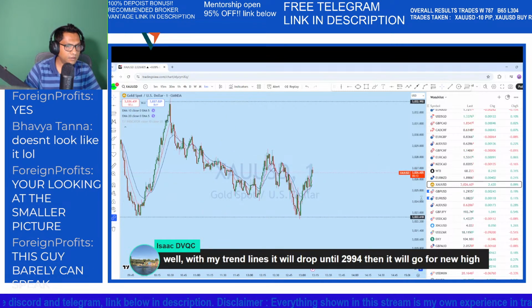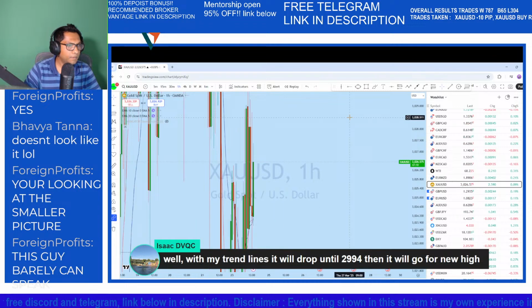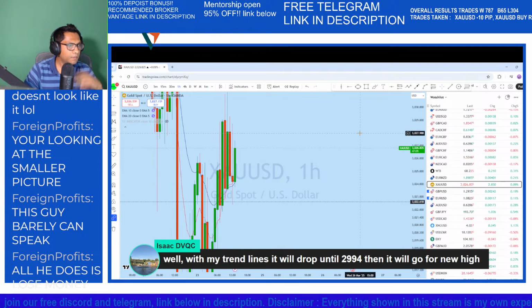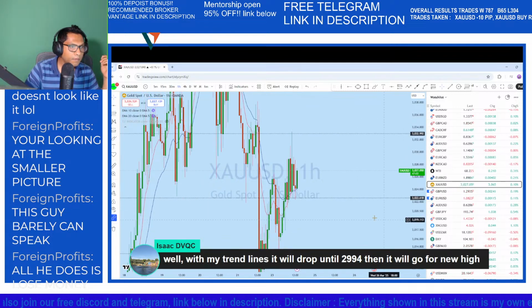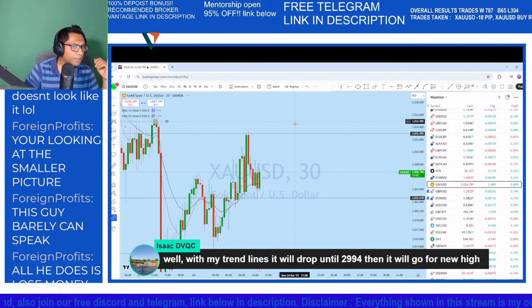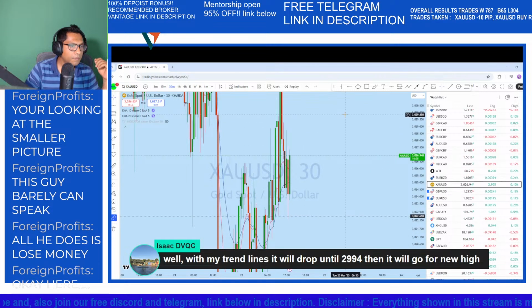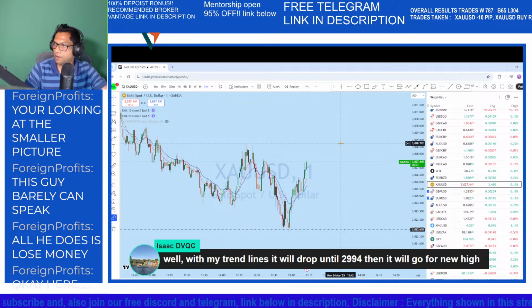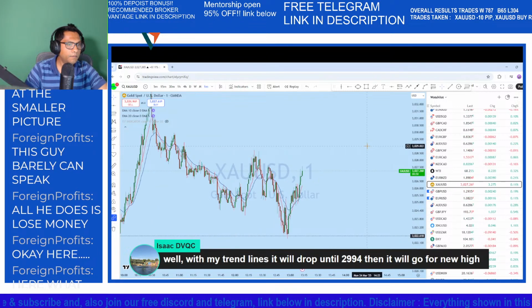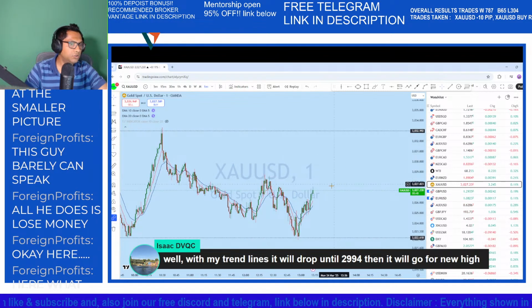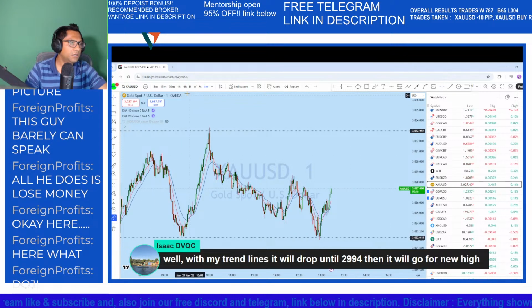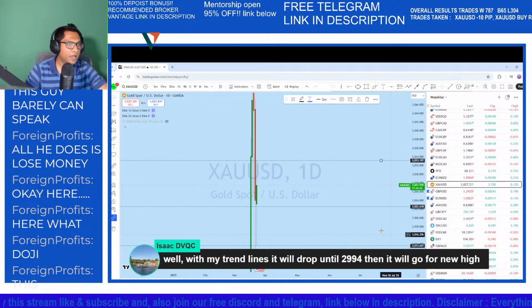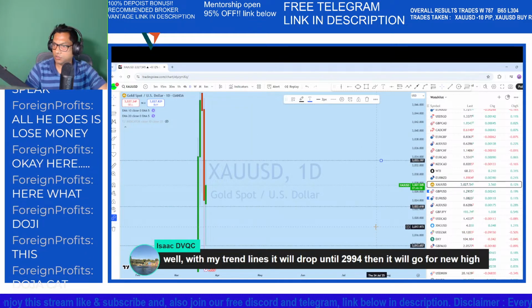And okay, doji. If we see the trend continuation, that means a bounce from the daily level, expecting it to go back to the daily high here, which is the 3033 level.